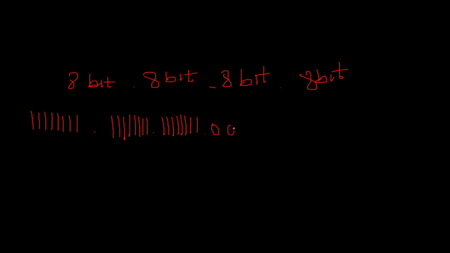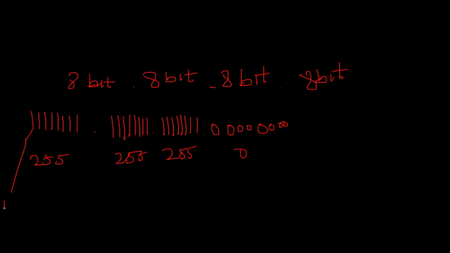Then I have 8 zeros here. So these 8 ones make up 255 from 0, and this one is equally 255. This one is equally 255. This one is 0.